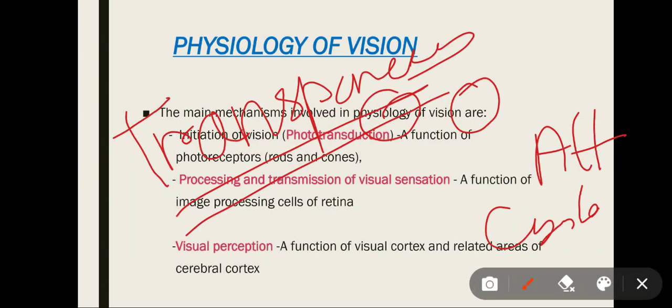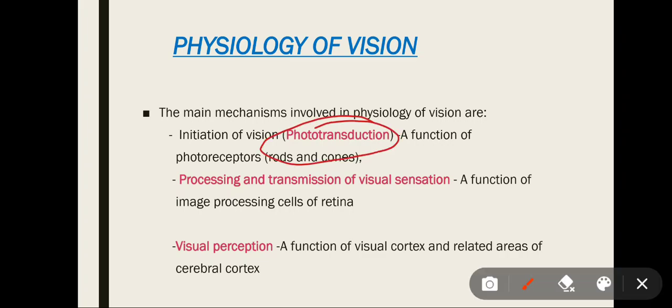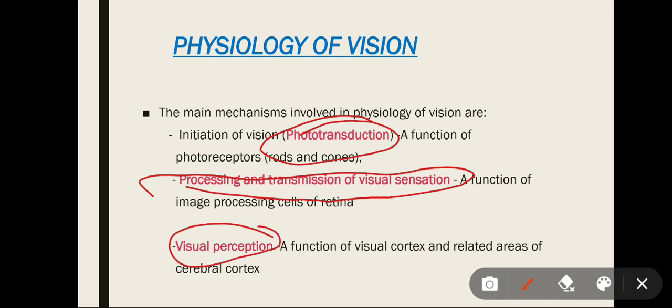So physiology of vision is a complex phenomenon which is still poorly understood. The main mechanisms are what we mentioned: phototransduction, processing and transmission of visual sensations, and visual perception. Let me discuss the points a little.